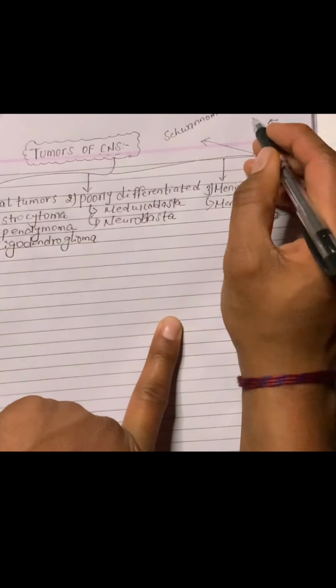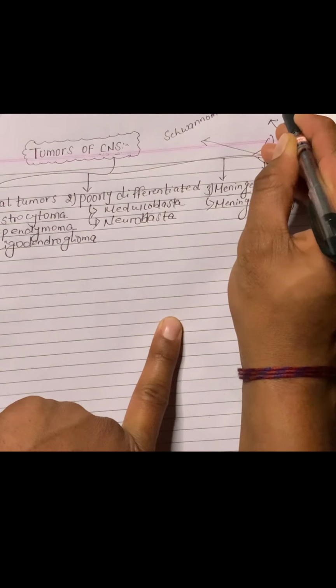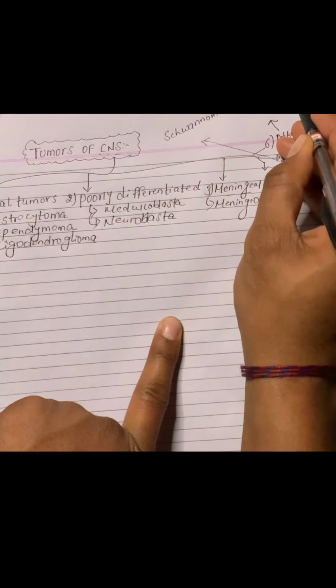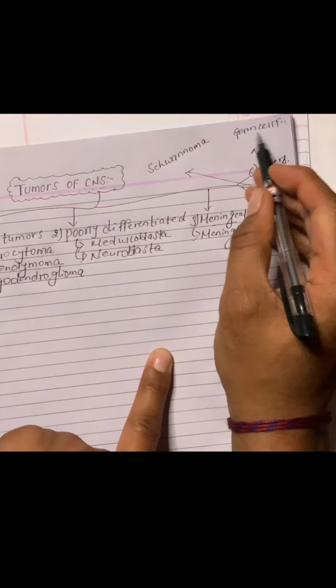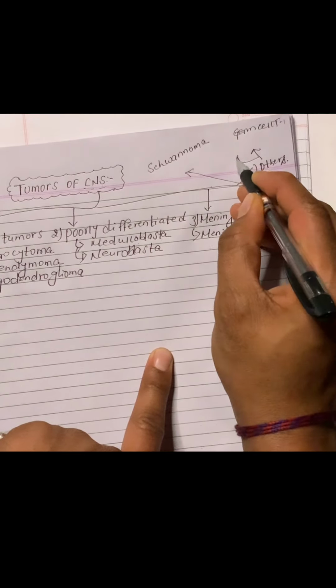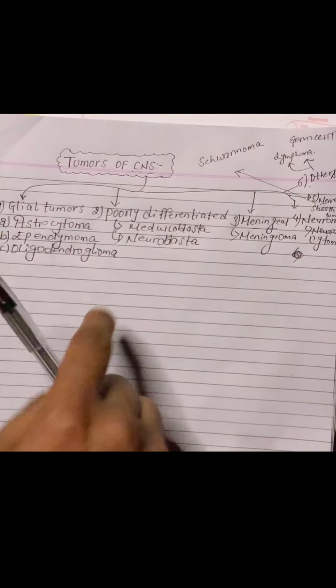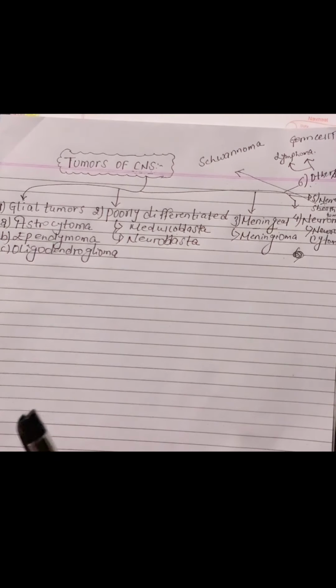In others we will basically go to germ cell tumor, T for tumor, and we can even encounter lymphoma here in others. So far we have discussed the classification of the central nervous system tumors.